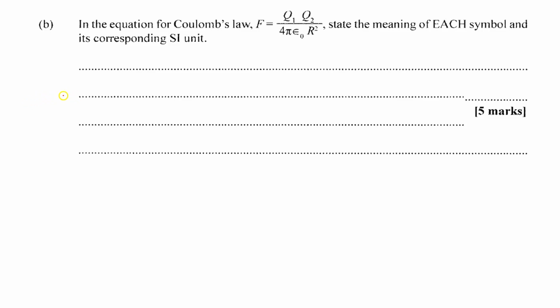So they want us to name all of the variables in Coulomb's law equation. It states that the force experienced between two charged particles is directly proportional to the product of the charges, and inversely proportional to the square of the separation distance between them. So all we need to do is identify what the symbols are and possibly state the units.